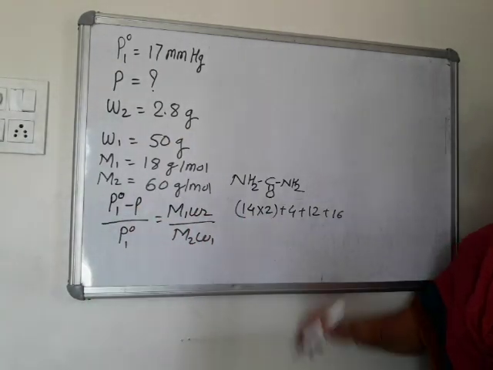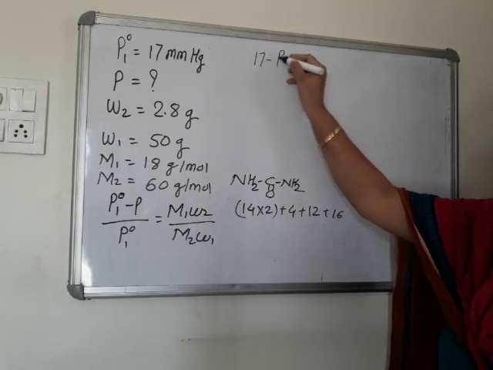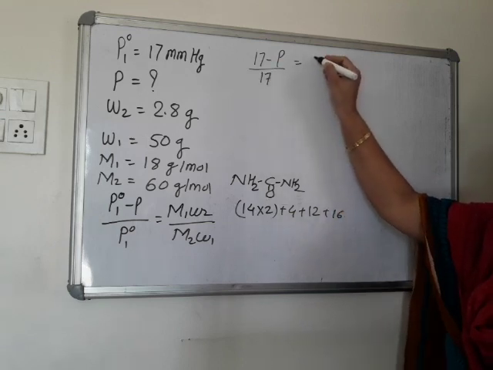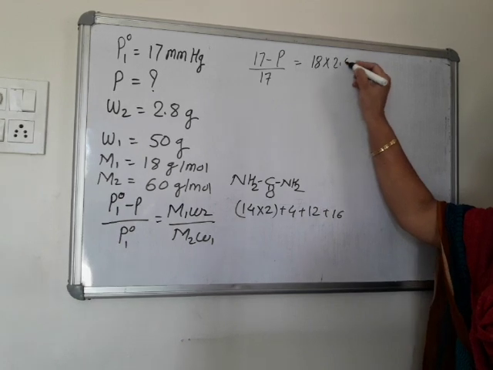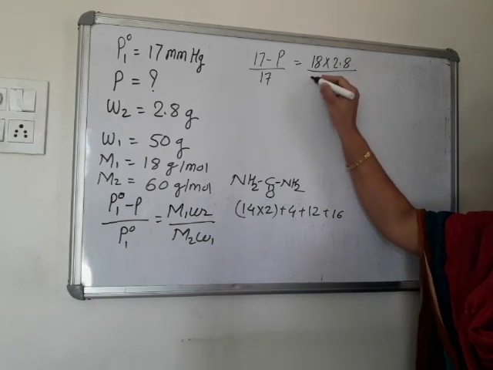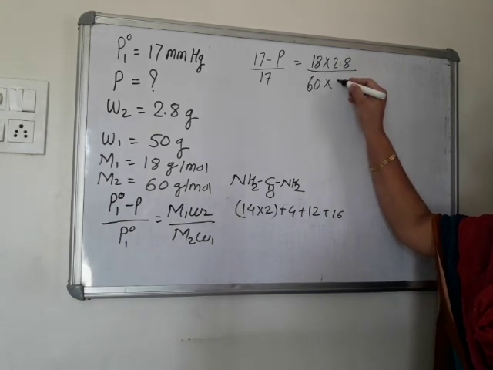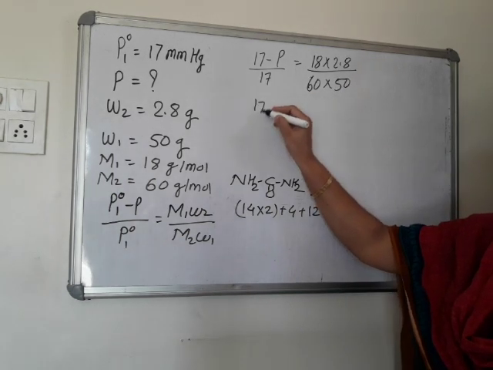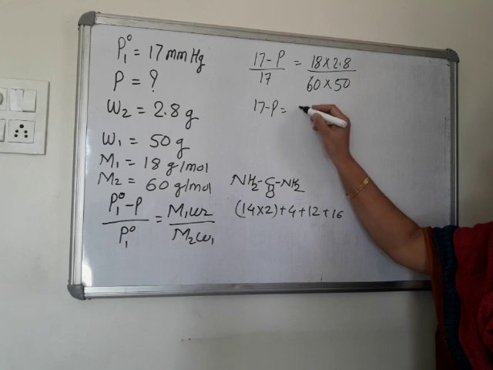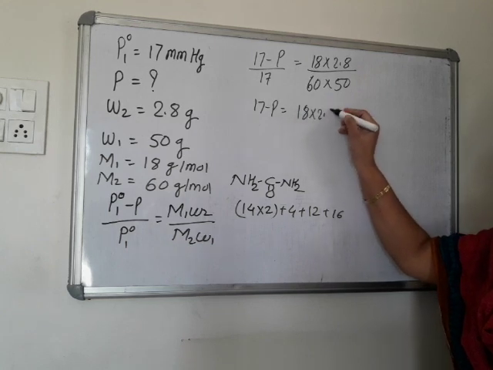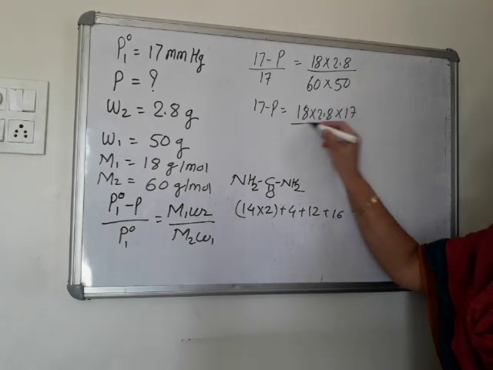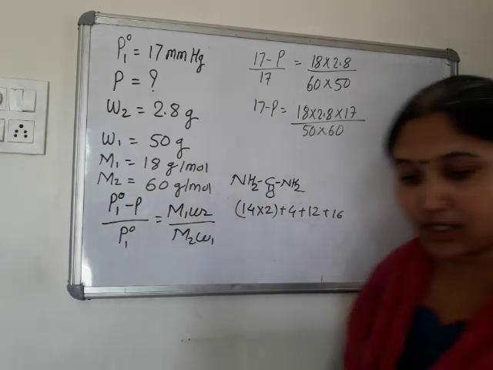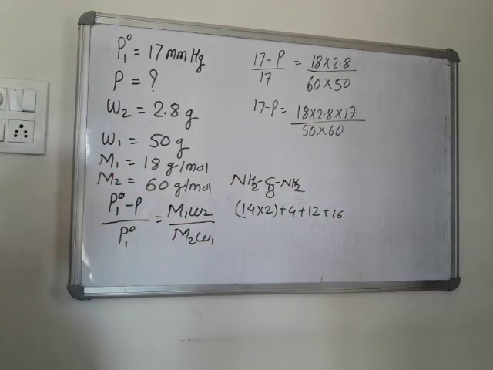Chalo, solve. This is 17 minus P upon 17 is equal to M1 is 18, W2 2.8, M2 60 and W1 is how much? 50. Rearrange this. So 17 minus P, shift this 17 here: 18 into 2.8 into 17 upon 50 into 60. 50 into 60, that is 3000.